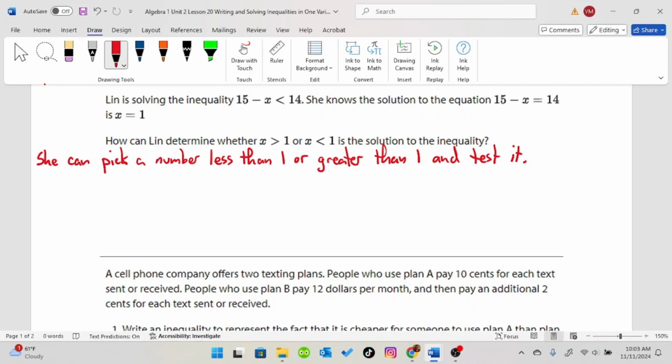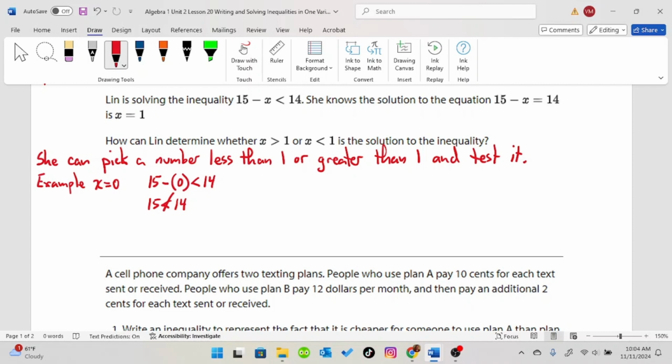So my personal favorite number to choose is 0. This would be 15 minus 0 is less than 14. 15 minus 0 equals 15. 15 is not less than 14.